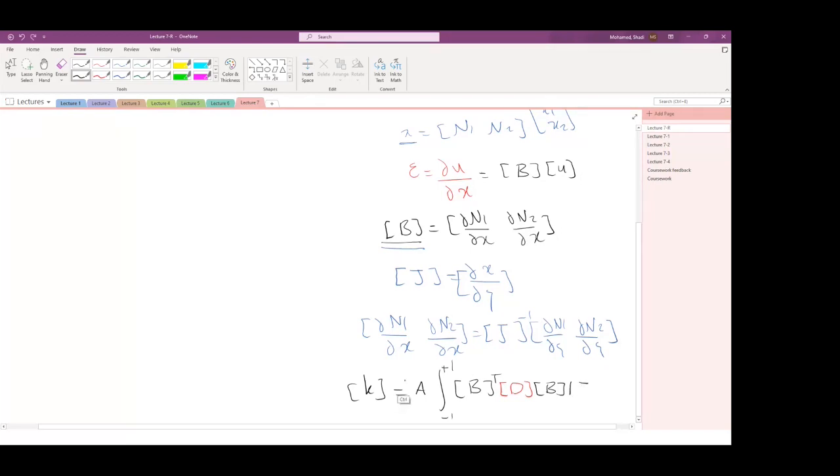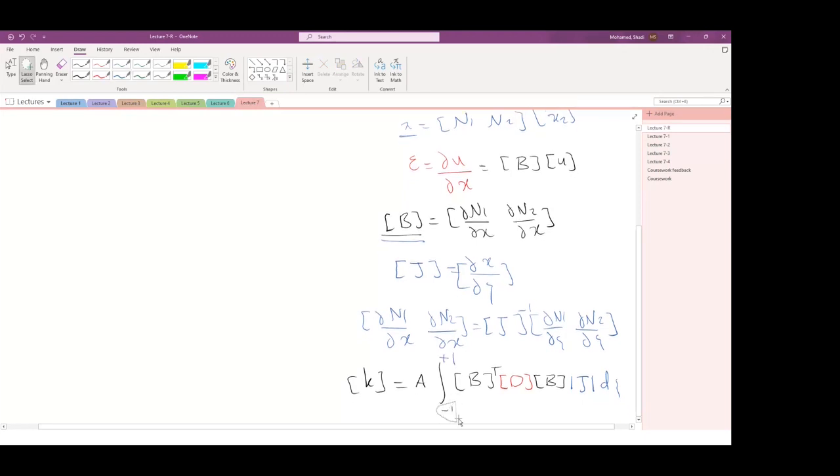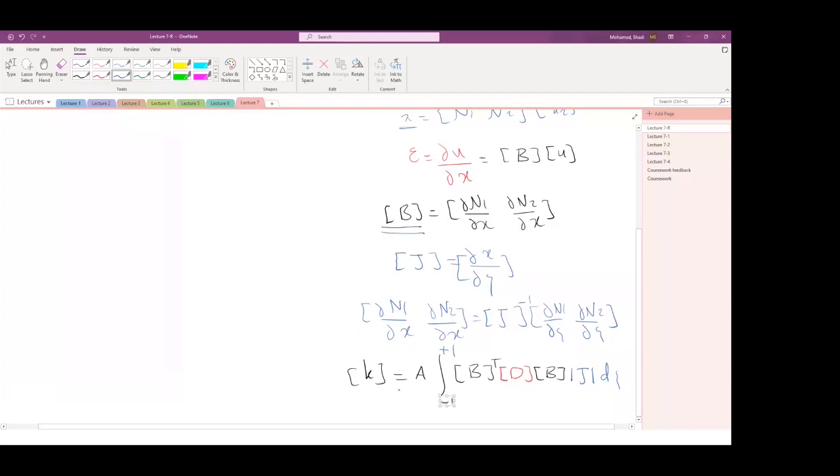The determinant of the Jacobian is new, so I'm going to put it in blue. And then it is d xi. Actually, the boundaries of the integral are also new, so I'm going to put them in blue as well. Before we had between 0 and L, now we have it between -1 and +1.